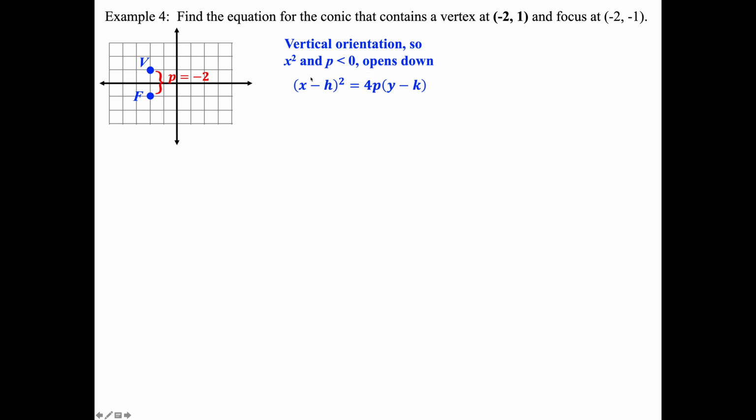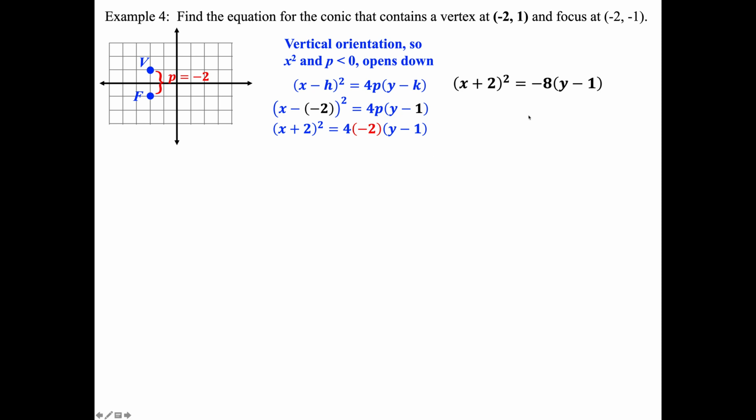Bring in your vertex, x minus a negative 2, y minus 1. There's all my substitutions, and there's my equation in what I would call standard form, because it gives me the vertex, and I can solve for p, and it tells me which way this opens up or down, in this case down.